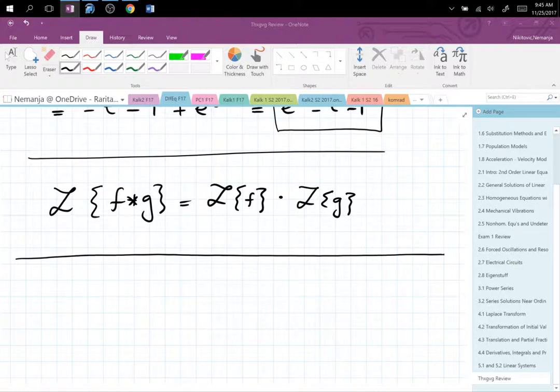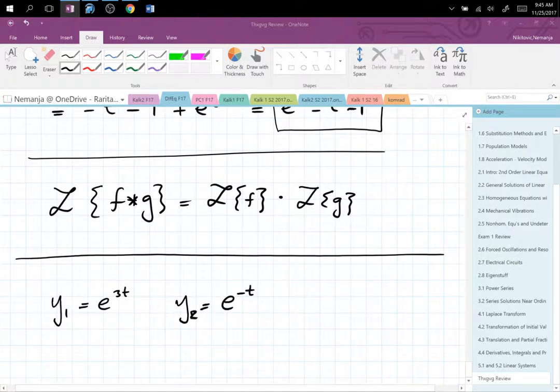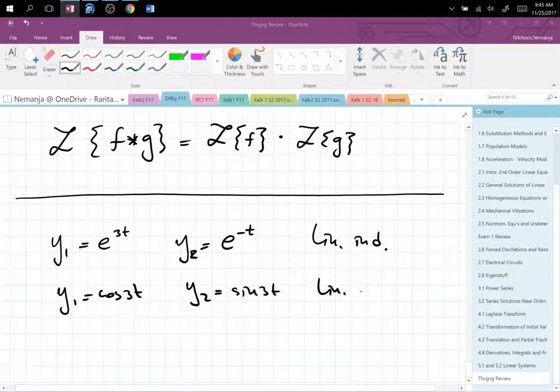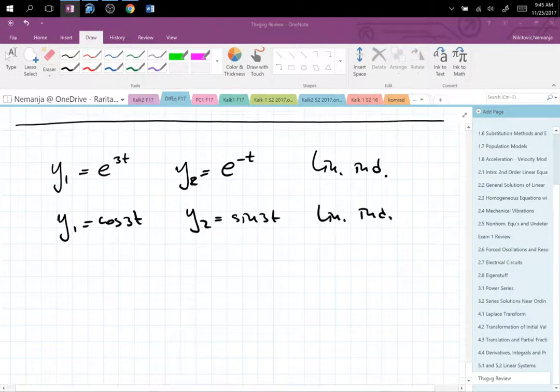Let's go from scratch. If you have y1 to be e to the 3t and y2 to be e to the negative t, as we had earlier, these are linearly independent because they are not constant multiples of each other. If you have y1 equal cosine 3t and y2 equal sine 3t, also linearly independent.